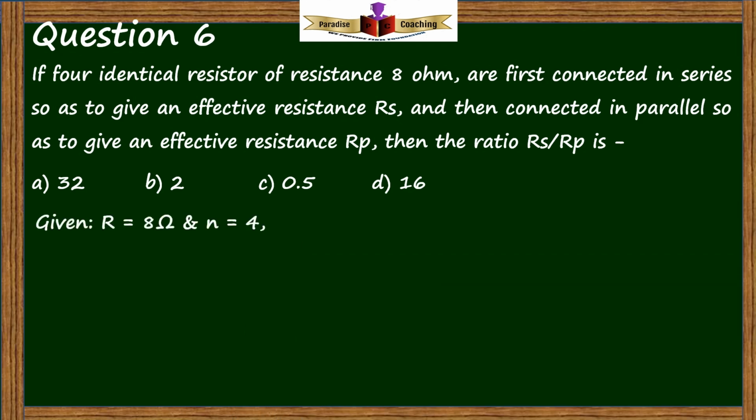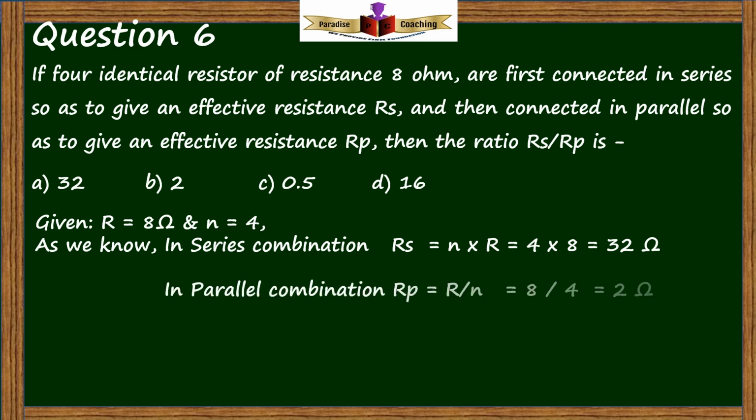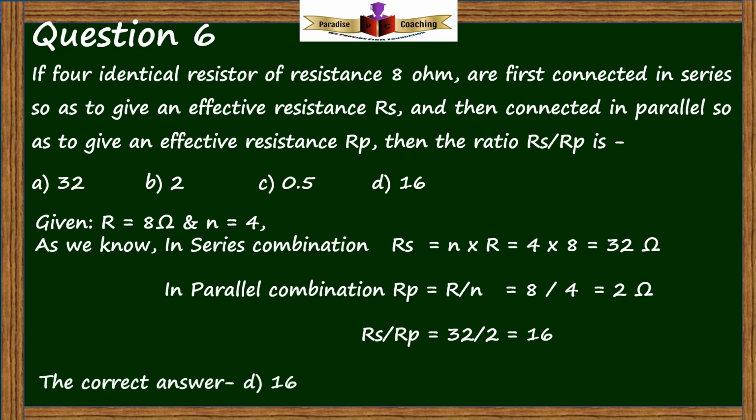In series, Rs equals N times R, which is 4 times 8 equals 32 ohms. In parallel, Rp equals R/N equals 8/4 equals 2 ohms. The ratio Rs/Rp equals 32/2 equals 16. The correct answer is D, 16.